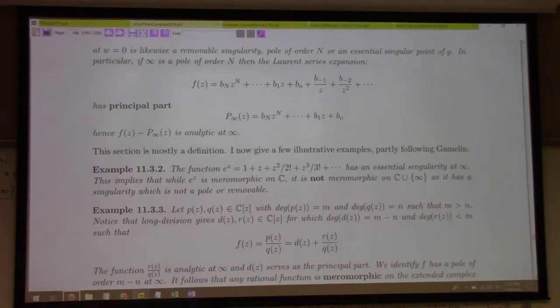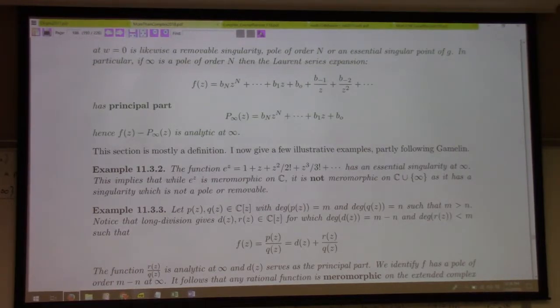But I think I said elsewhere I wanted the h1 of z, when we looked at the Laurent decomposition, that we had the f0 and f1. We wanted f1 to go to 0 as z went to infinity. Yeah. So the principal part here would be like the f1. So that means we should put the b0 in the other piece.